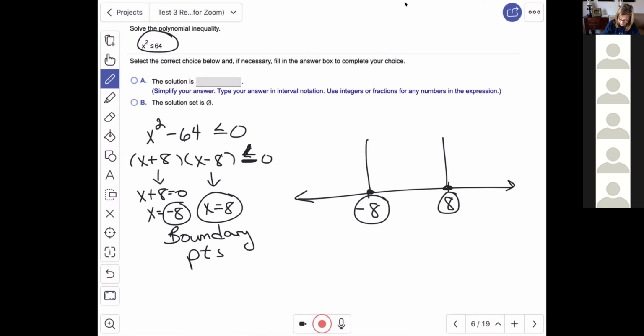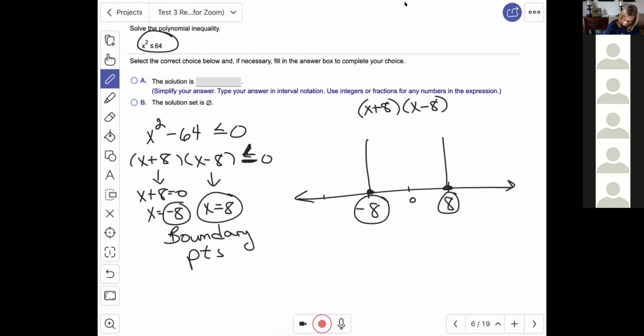When we get to this part, we have 3 intervals. All you want to do is test a point in each interval. Like between -8 and 8, you could use 0. That's nice and easy. Let me write this down again. This is what we're plugging into: x plus 8 times x minus 8. I like to use the sign chart, so it doesn't matter what order.